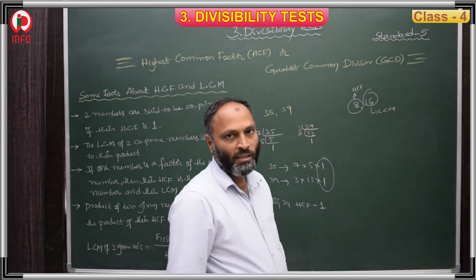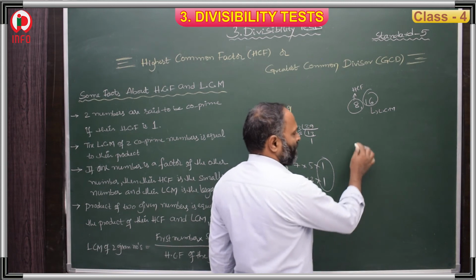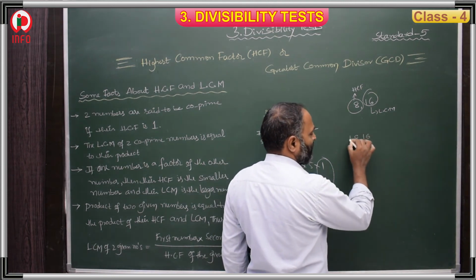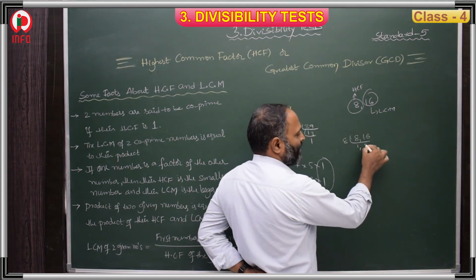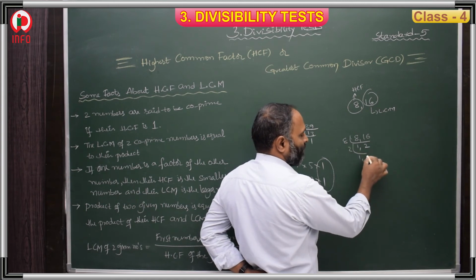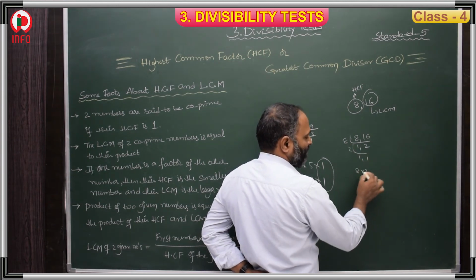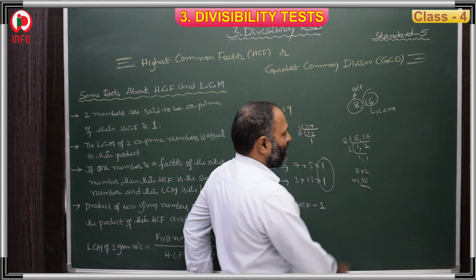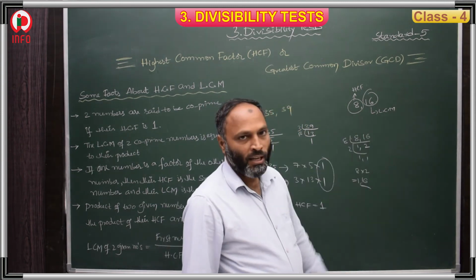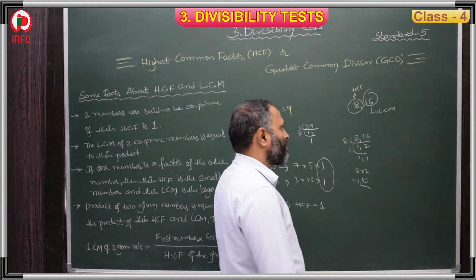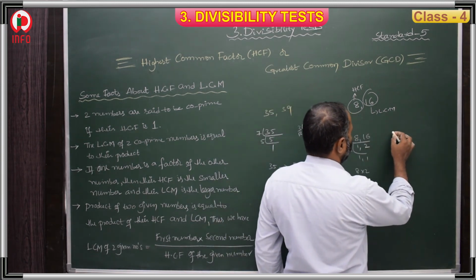First we find the LCM of 8 and 16: 8 ones are 8, 8 twos are 16. 16 is the LCM. The larger number is the LCM. The smaller number is the HCF.